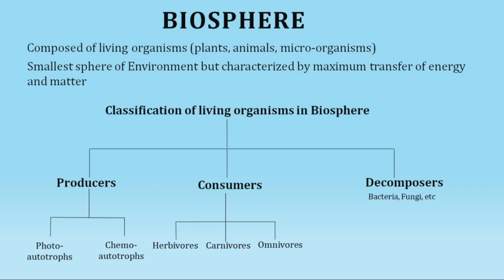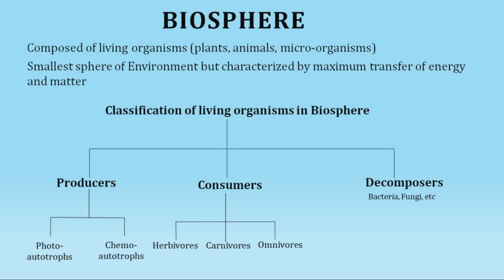The third category of living organisms is decomposers, and it includes certain bacteria, fungi, and some actinomycetes, who feed on the dead and decayed material. So decomposers will always feed on dead and decayed material.